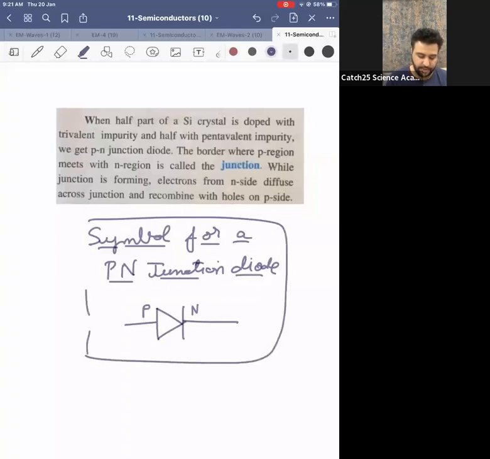This is the symbol for a PN junction diode. Drawn?